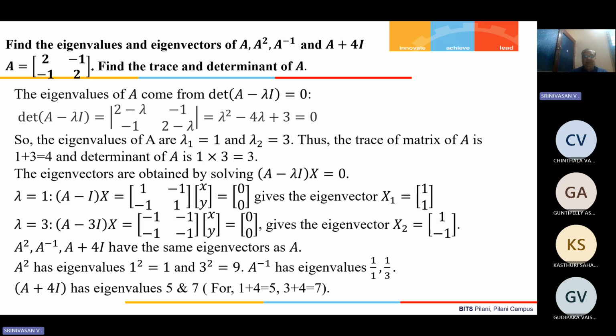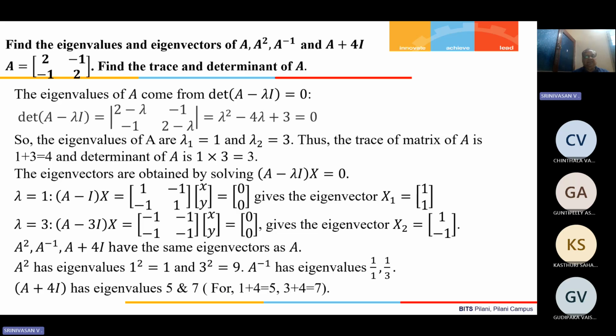Here you are able to see that it is a symmetric matrix. What do you mean by a symmetric matrix? The first row is the same as the first column, and the second row is the same as the second column.